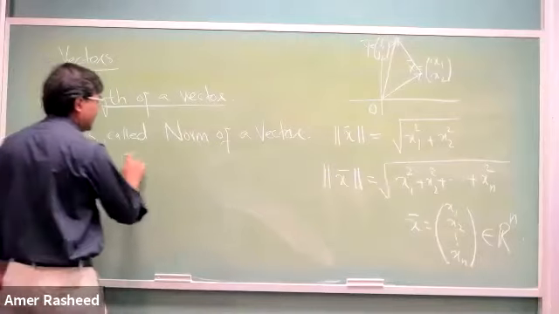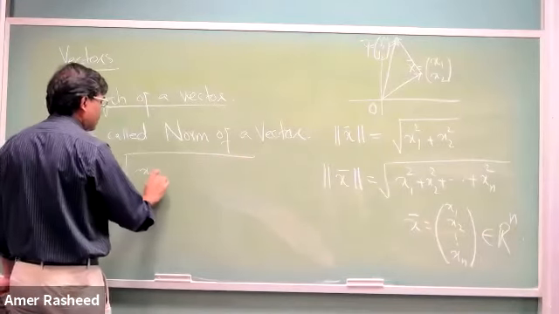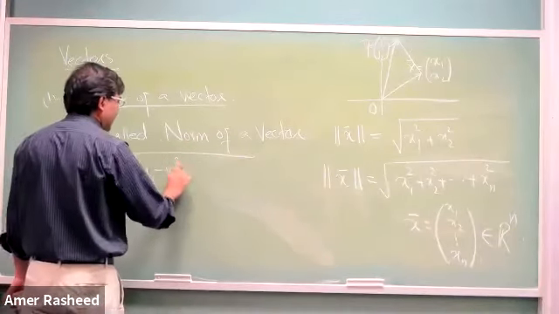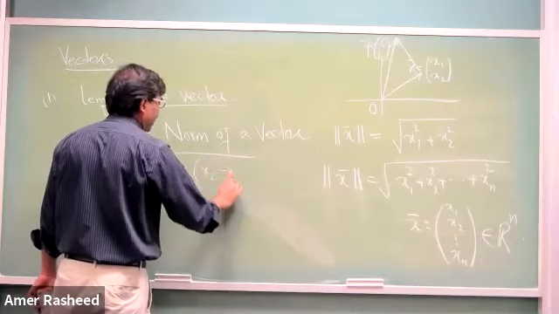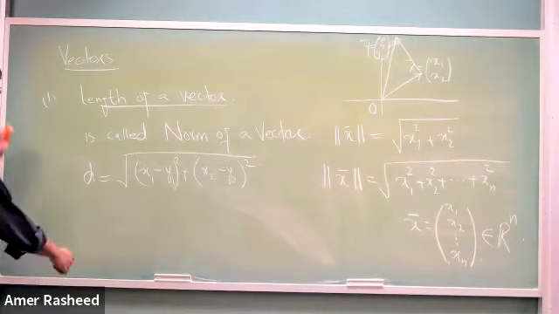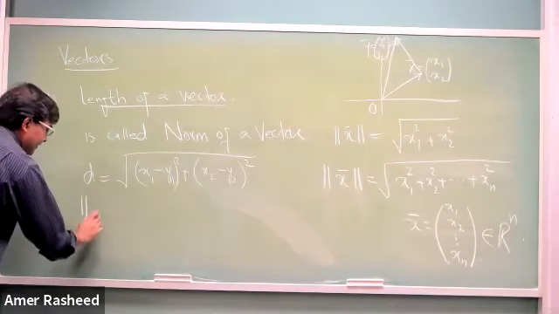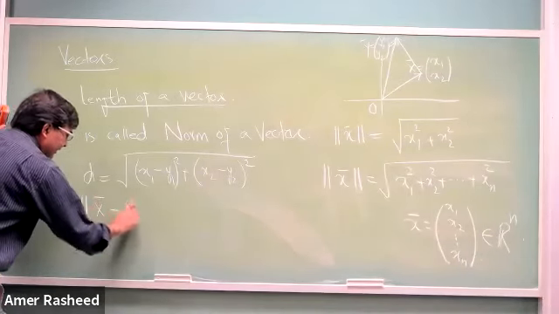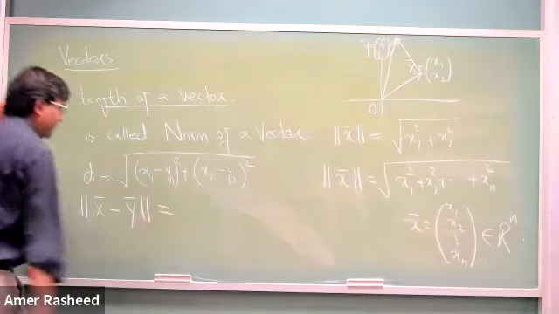It is nothing but the square root of x1 minus y1 whole square plus x2 minus y2 whole square. But in norm notation, we define the distance between x vector and y vector in this way.